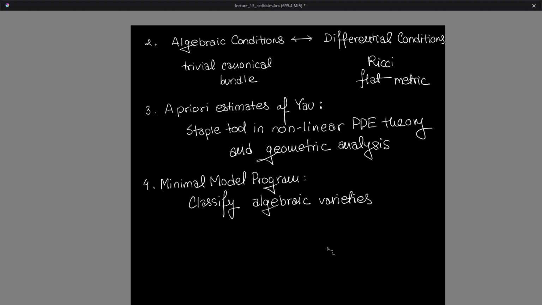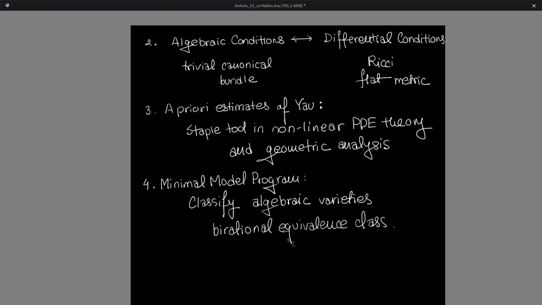And they want to classify these algebraic varieties by their birational equivalence class. What's a birational equivalence class? Well, two manifolds are birationally equivalent if they are isomorphic on an open dense subset of the manifold.